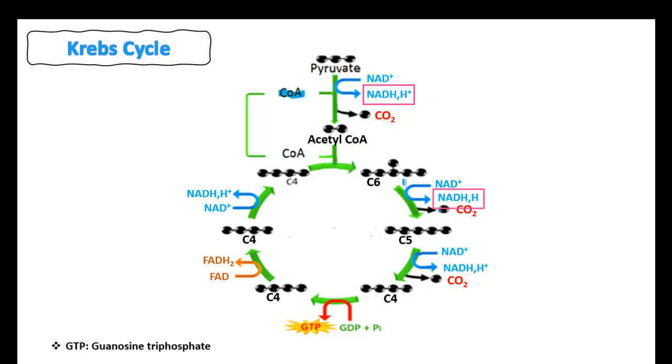Also, we have another NADH, a third one, and a fourth NADH. In addition, we also made 1 FADH2. And let's not forget about the GTP that is going to be converted also into ATP.